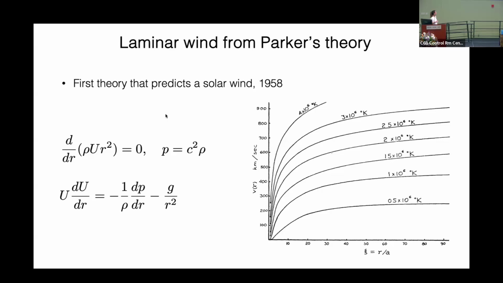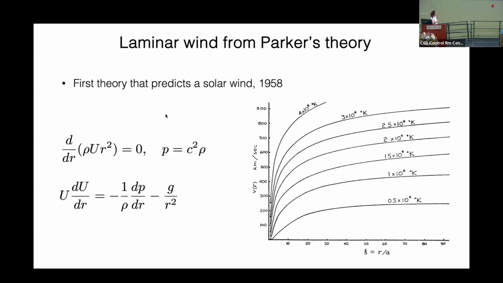So this plot here shows the flow velocity as a function of radial distance, where r is normalized to the solar radius. And you have a family of curves, each corresponding to a different temperature imposed at the base of the corona. So in this problem, the corona is assumed to be hot, but it isn't explained, okay, why in the first place.